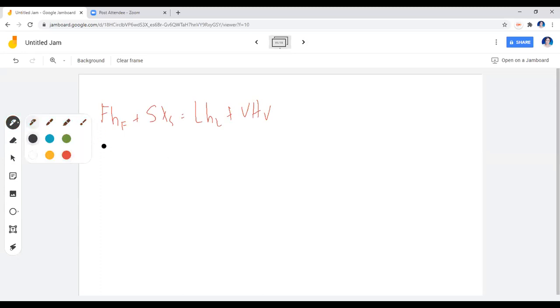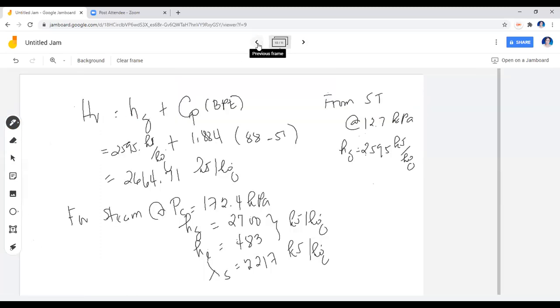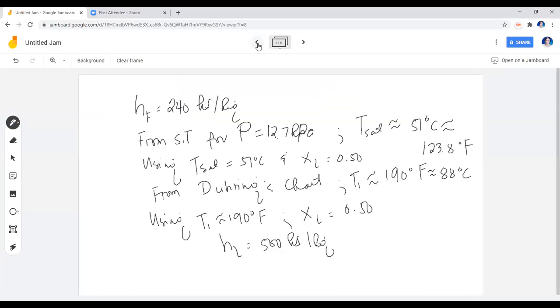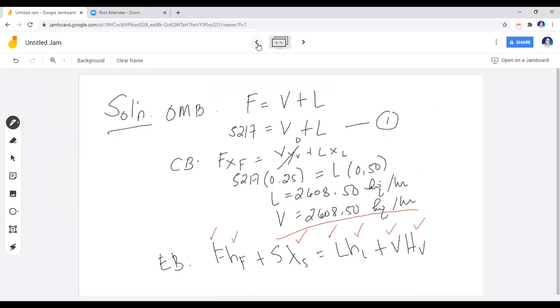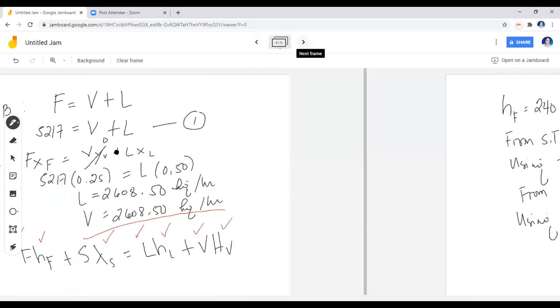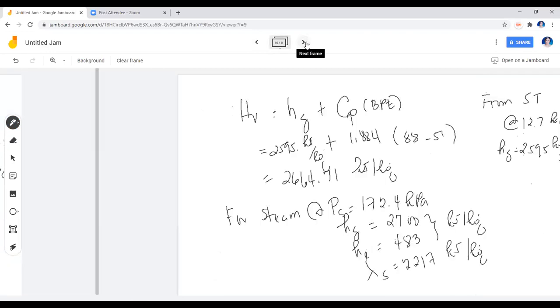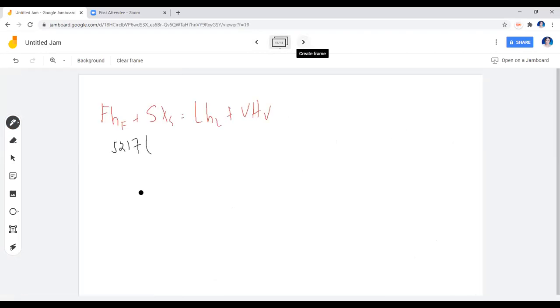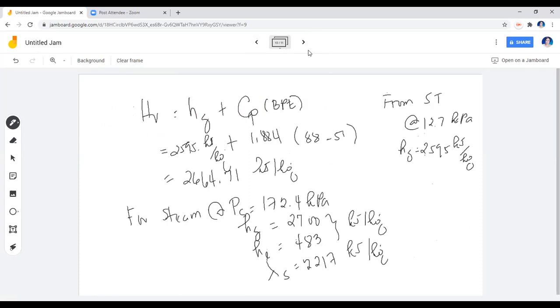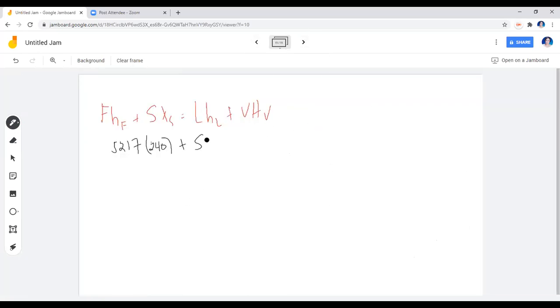Then for the feed, our feed is 5,217. Am I right? And our HF is 240. So you need to substitute it here. Your S, and then your lambda S, which we just determined a while ago, 2217.